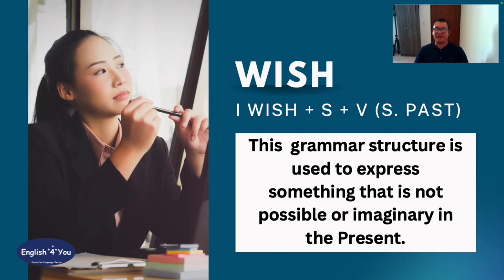This structure, guys, is formed by a subject. In this case, we're going to practice it with I wish, and then we're going to need a subject. This subject can be another person, a pronoun, an animal, an object, you name it. And then here comes the most important part of this grammar structure, which is the verb.